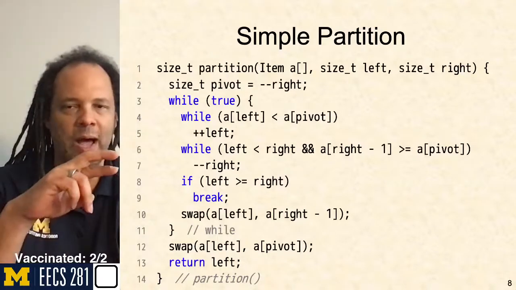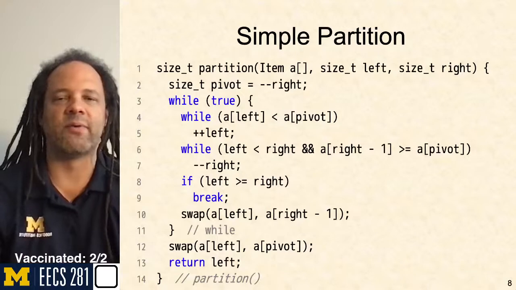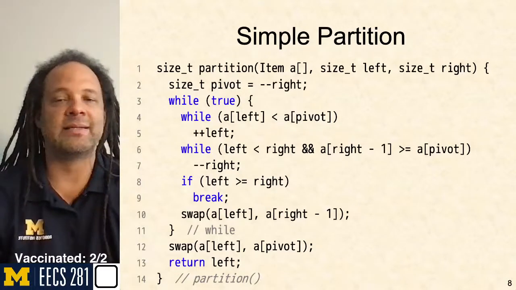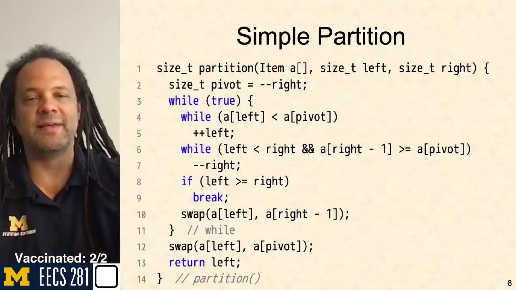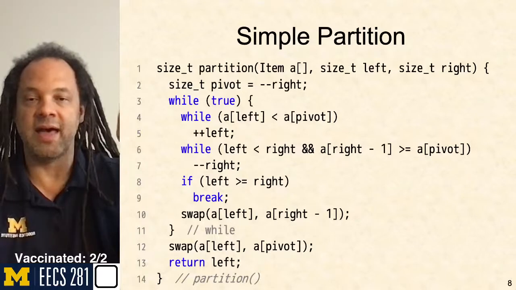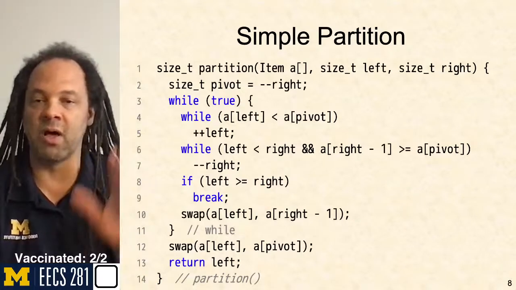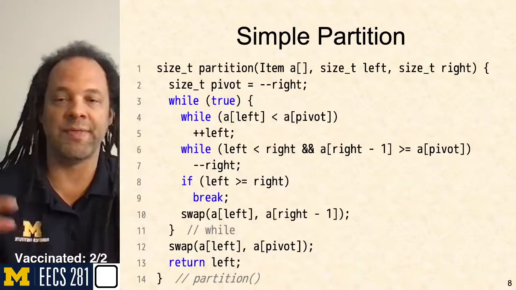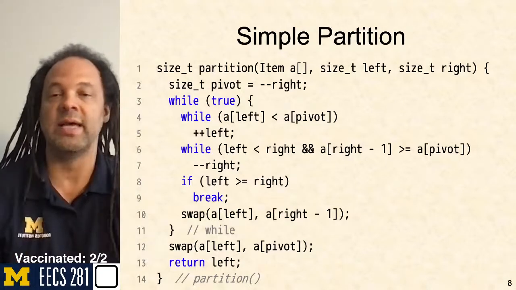That's what this second while loop here does. It starts at the right-hand side, and it starts moving from the right and says, hey, if this value is small, then that's when I want to stop. But as long as I keep seeing big things on the right, I'm okay with that. I'm just going to minus right and move past it.